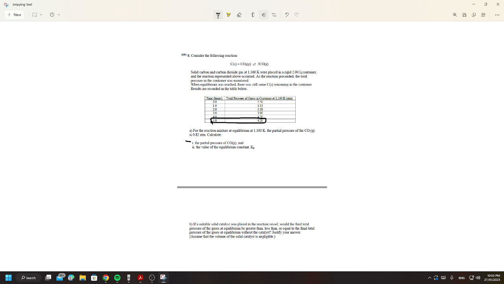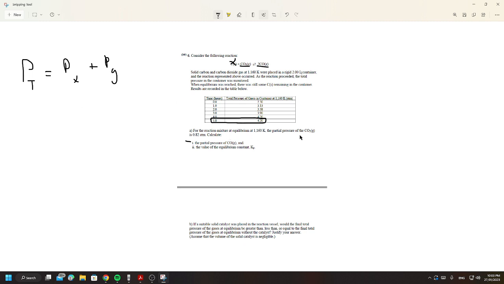So we know that P total is equal to the partial pressure of X plus the partial pressure of Y. In this case, we have a solid, don't consider that. We have a CO2 gas and CO gas.